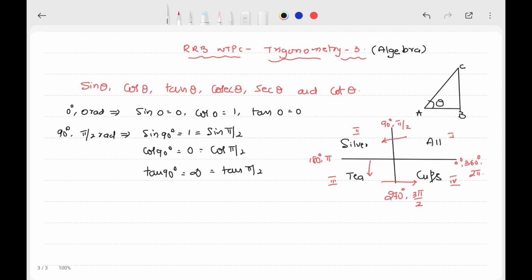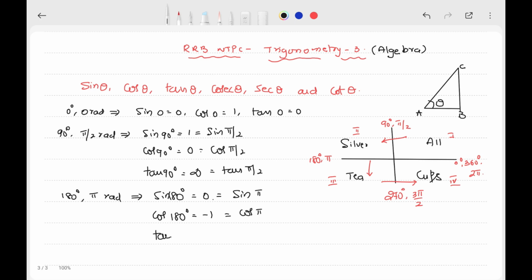Now similarly for 180 degrees, pi radians, sin 180 degrees is equal to 0, that is sin pi. Cos 180 degrees, we can say that is in the second quadrant. In the second quadrant cos is negative, so it is minus 1, that is cos pi.